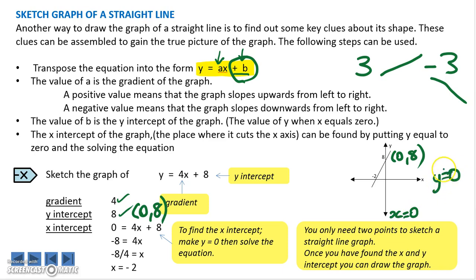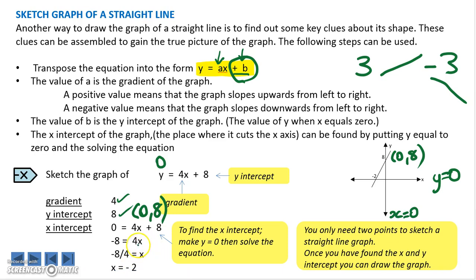So let's make y equal to 0. We'll put a 0 here instead of the y, and solve it to find where it crosses the x-axis. Remembering our rules, we take anything that is added or subtracted first, take it over and change the sign. It becomes -8 equals 4x.